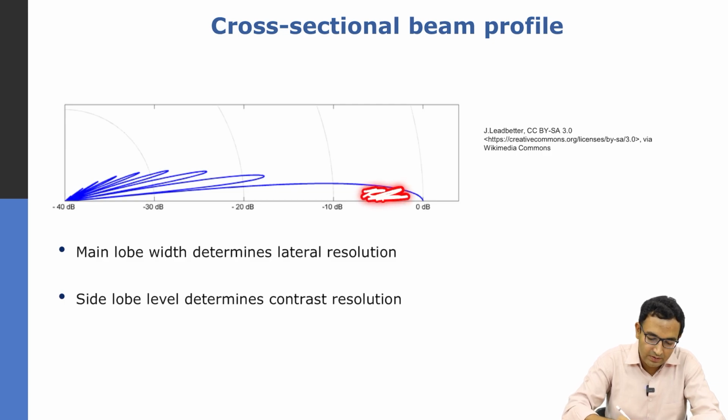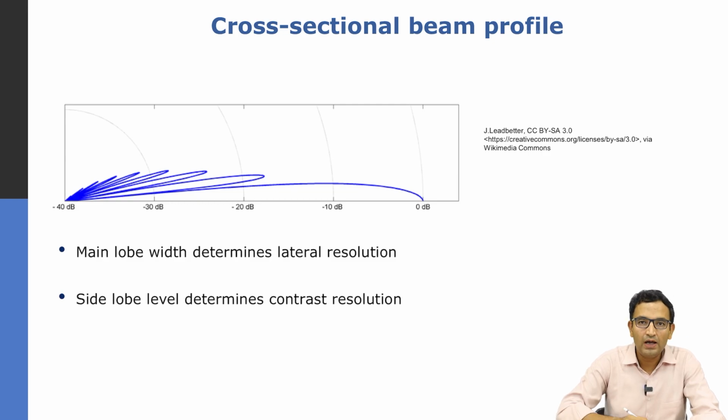You have the main lobe here and these are the side lobes. These side lobes appear at certain angles. The main lobe is where the signal is the maximum, and that is why this is a normalized plot. So this is 0 dB where the signal is maximum, and the signal of the side lobes drops down. However, these side lobes are present and they will create artifacts in images.